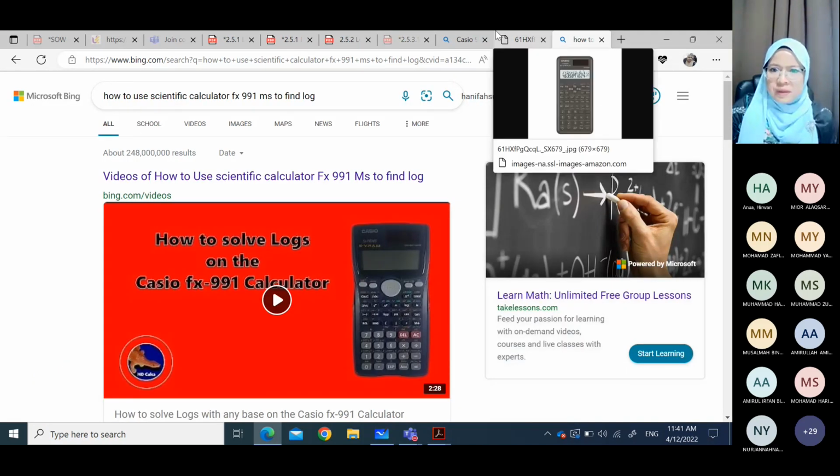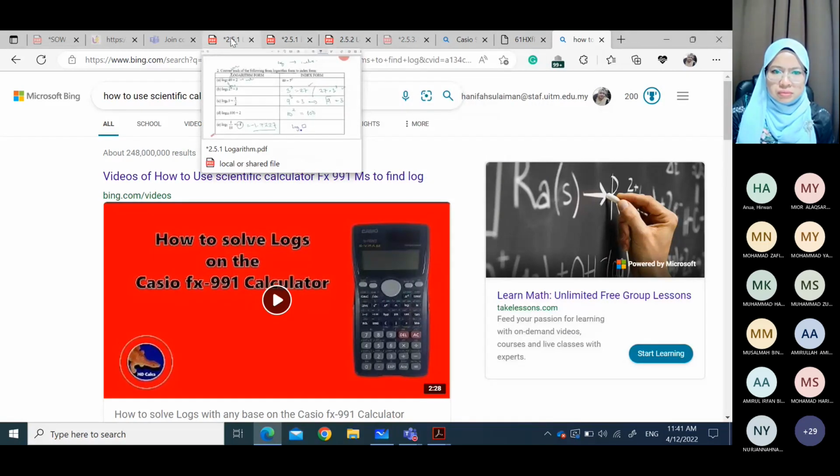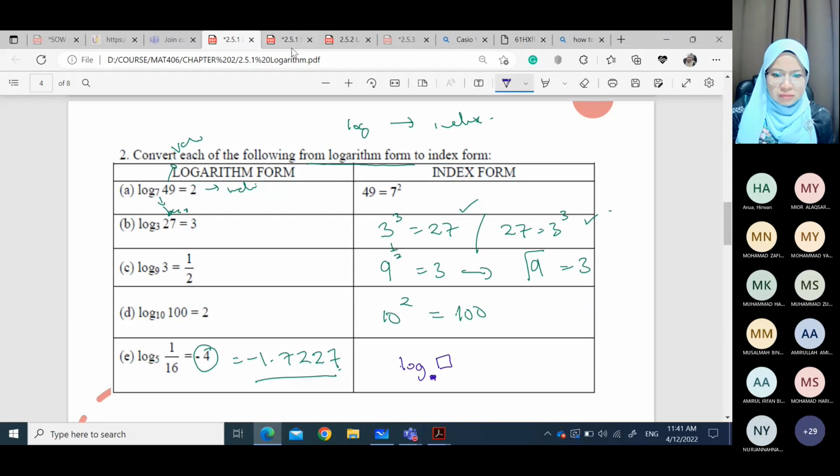Alright, so untuk yang pakai model tu, cara dia adalah dia guna log 10.